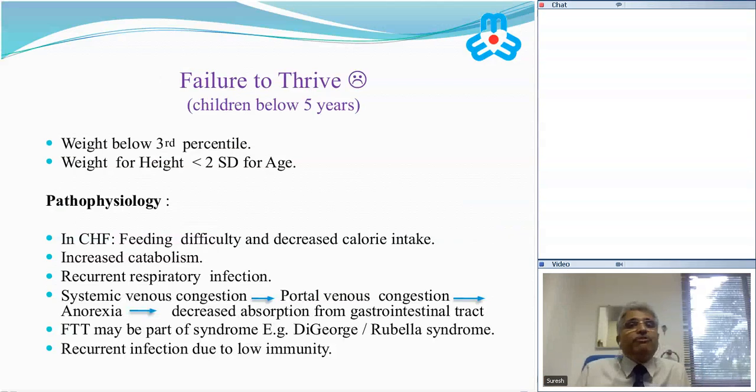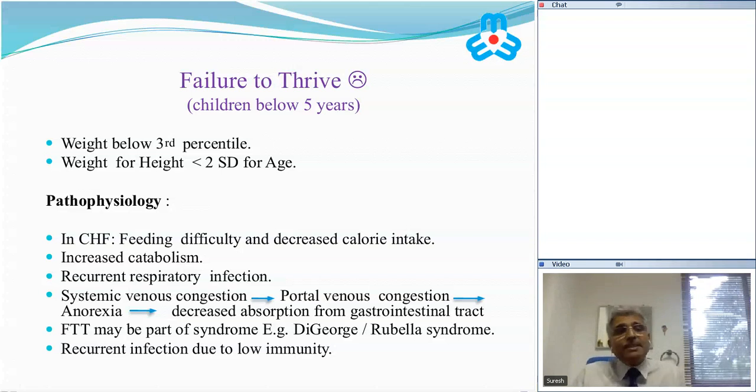When there is failure to thrive, conventionally we employ the term below 5 years. When the weight is below the 3rd percentile, or the weight for height is less than 2 standard deviations for the age, you say that the baby or the child has failure to thrive. The pathophysiology of failure to thrive is a little more complex. As you can imagine, a child with congestive heart failure will have feeding difficulty and consequently decreased caloric intake.